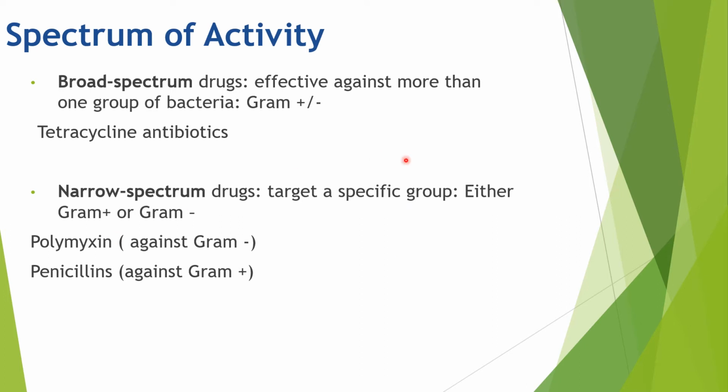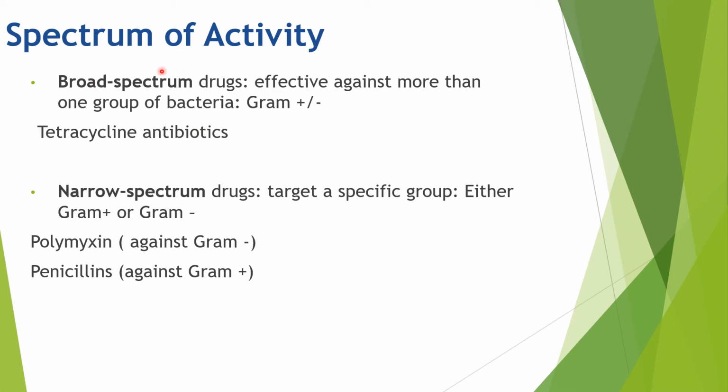So if we discuss antibiotics, those are drugs that are going to be effective against bacteria. Now we divide our antibiotics into two groups: broad spectrum antibiotics or narrow spectrum antibiotics.